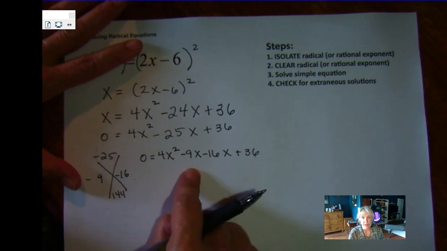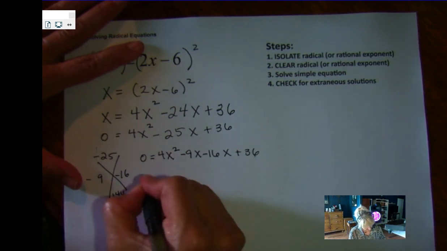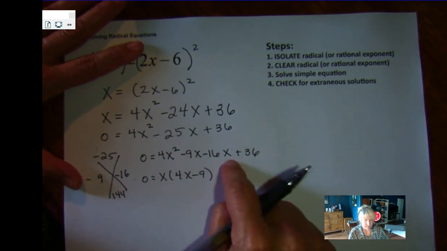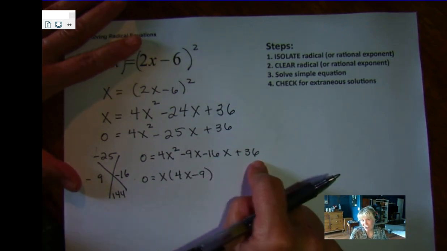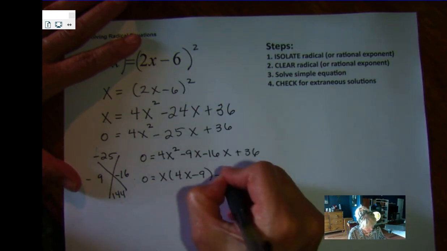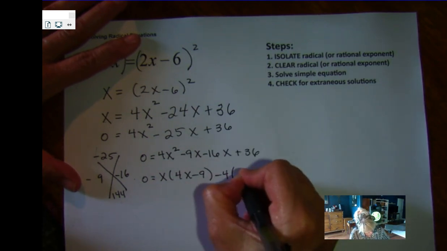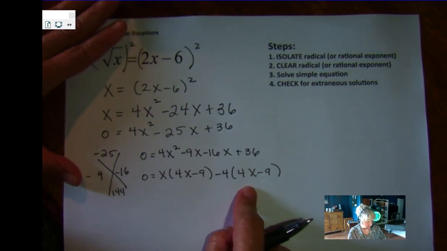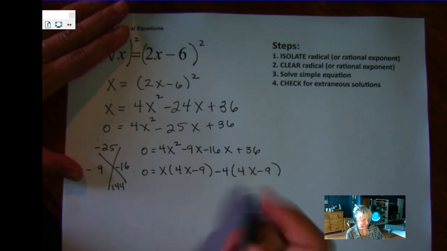Out of this first pair of numbers right here, the only thing I can take out is an x. The second pair of numbers, I can take out a 4. I'm going to take out a negative 4 so that my signs match. Awesome. Factor by grouping. I know I'm on the right track because I have a matching factor.